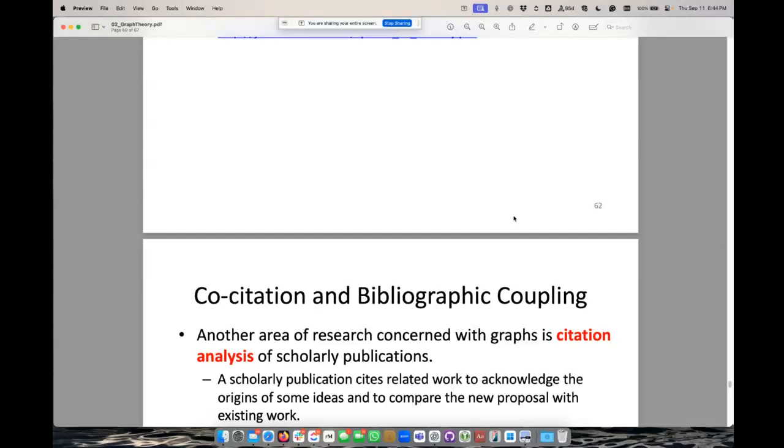So that whole area is called bibliometrics. In fact, many conferences and journals now provide statistics on their websites, suggesting how important or how top tier, how competitive this conference or journal is based on things like citation score or bibliometrics scores and so on. So we'll be discussing some of those concepts here.